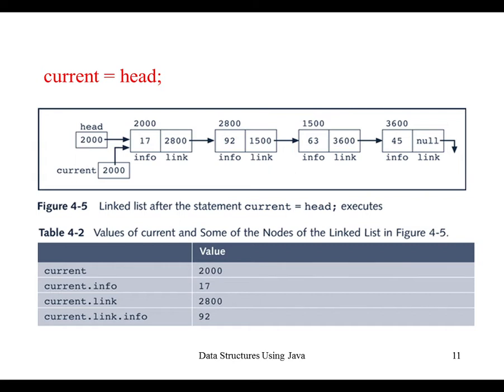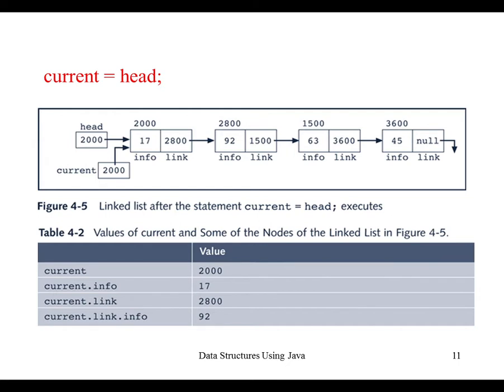Figure 4-5 is a linked list after the statement current equals head executes. Because of current equals head, current copies the value of head, which is 2000, and they both point to the address 2000.